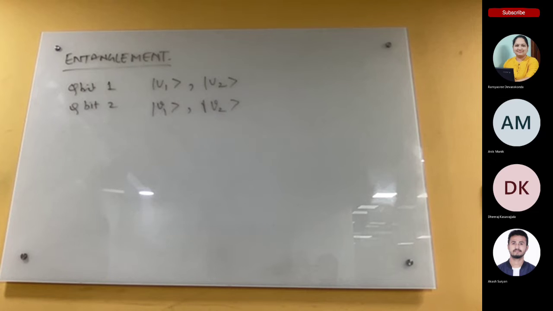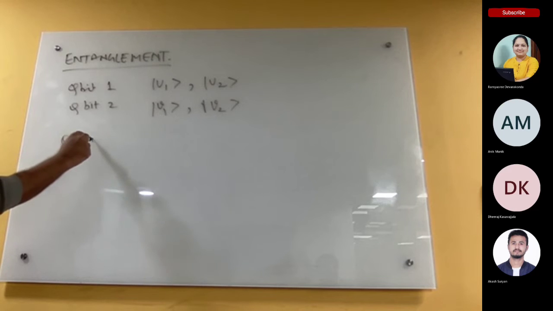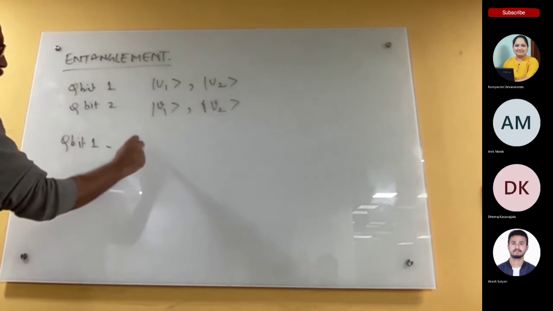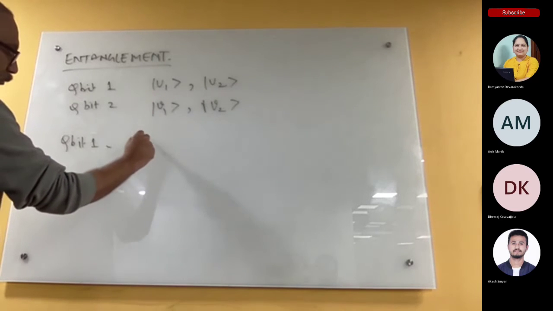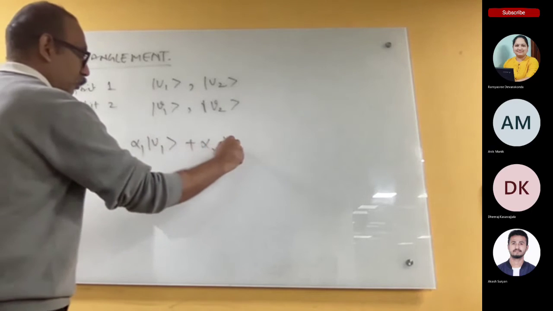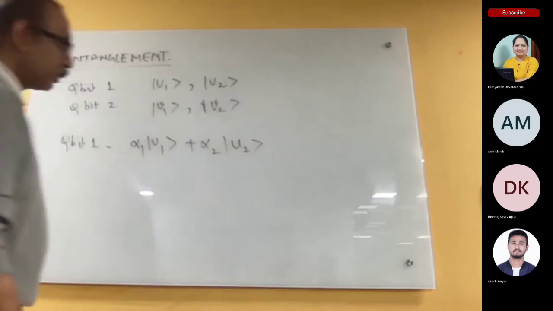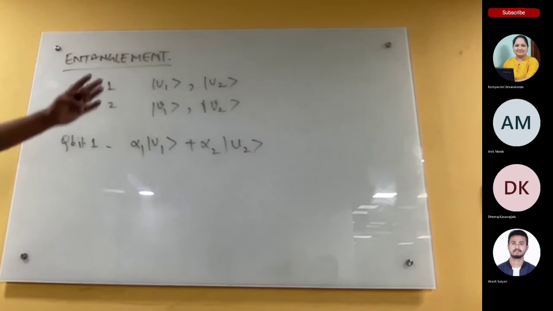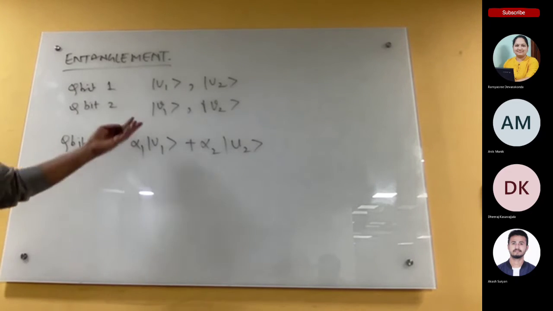So basically, what does it mean? If you write this, qubit 1 is in some state alpha 1 U1 plus alpha 2 U2. This you can describe as the superposition state of qubit 1, where alpha 1 and alpha 2 are the amplitudes.